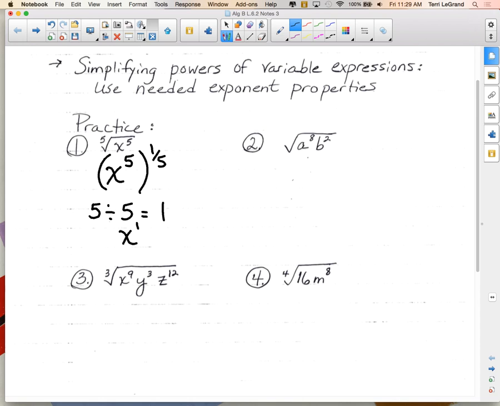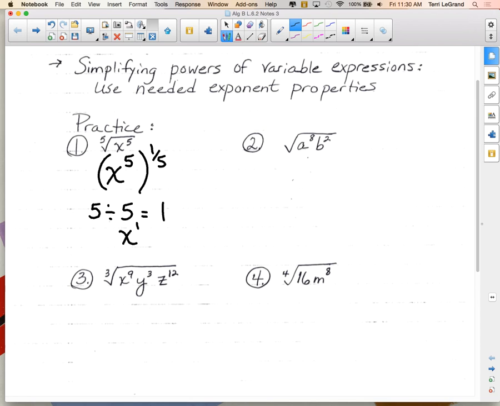Okay, justify for me how you can do 5 divided by 5. Why can you do that? Because there was a 5 and x to the 5th power, and it was taken by the 5th root on the outside. So we have some sort of a shortcut, a property that says you can take the exponent that's in the radicand and divide it by the index, that little number in the crook of the radical sign.